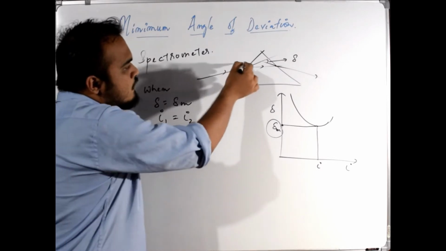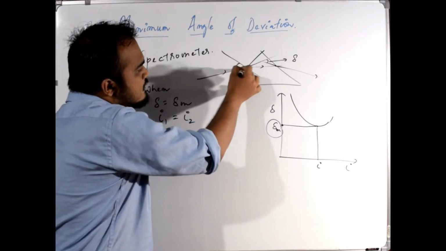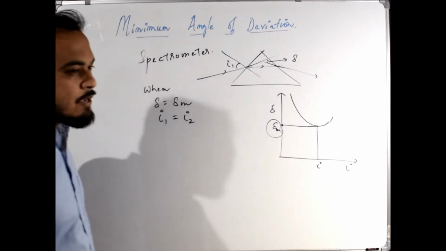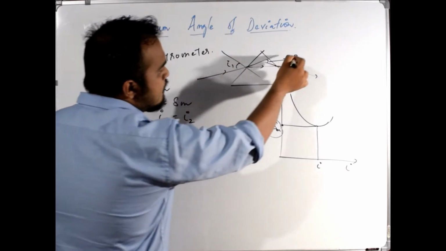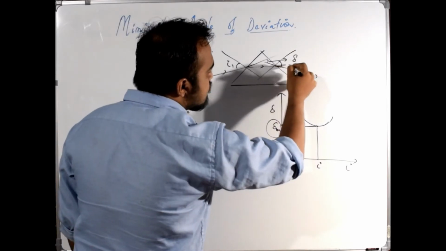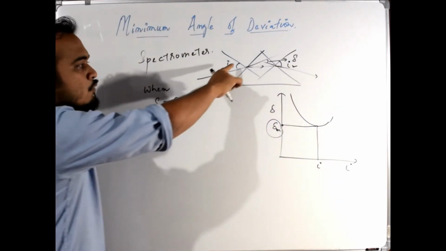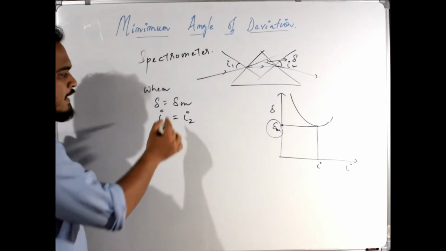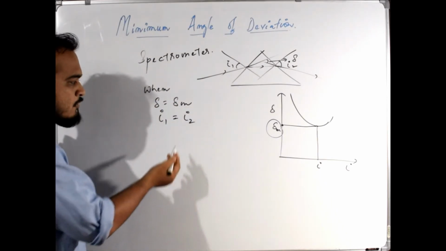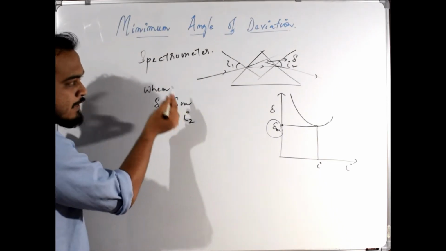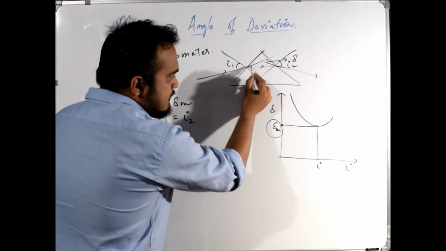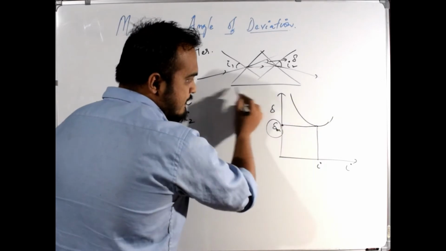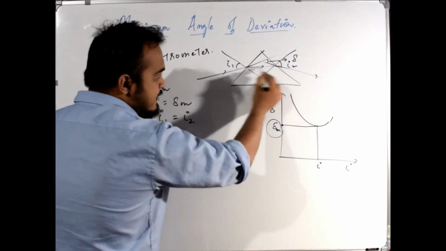What was I1 in our case? In the previous video we have seen that this was I1 and this was I2. So when delta is equal to delta m, I1 will be equal to I2, and in that case the ray will be parallel to the base of the prism.